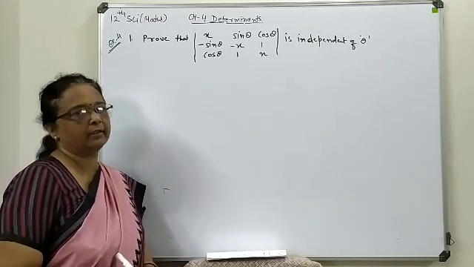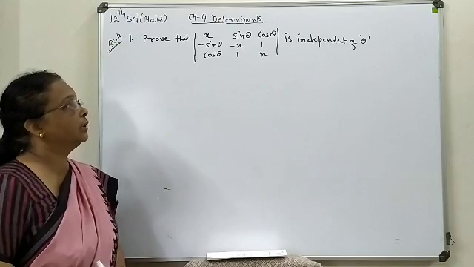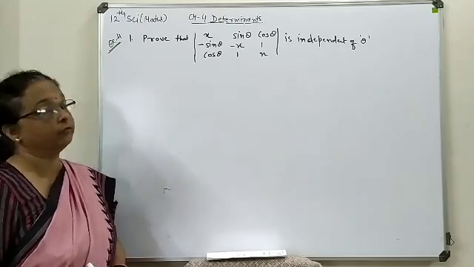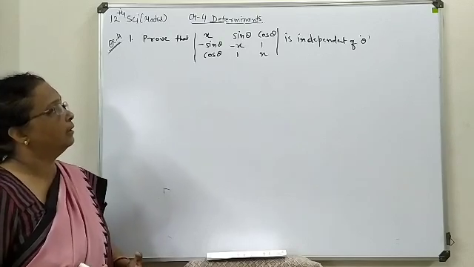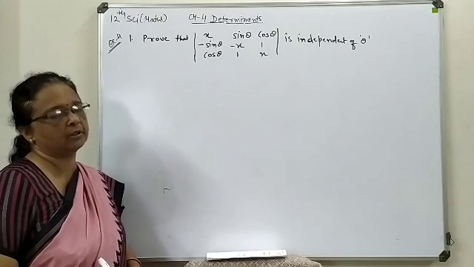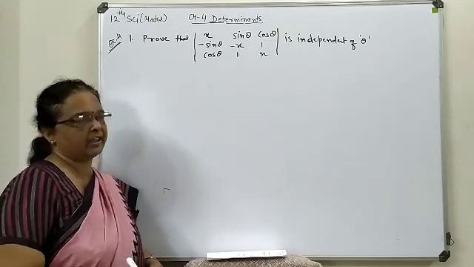So first we look at the given determinant and try to understand whether any property can be applied for reduction, and if not, we go directly for the expansion.